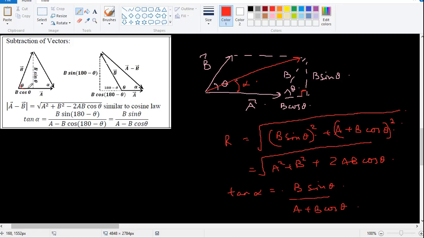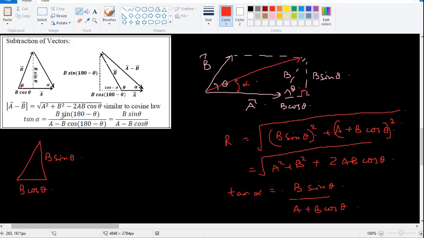So if I take this triangle, this is B sine theta. And this is B cos theta. What did I do here?